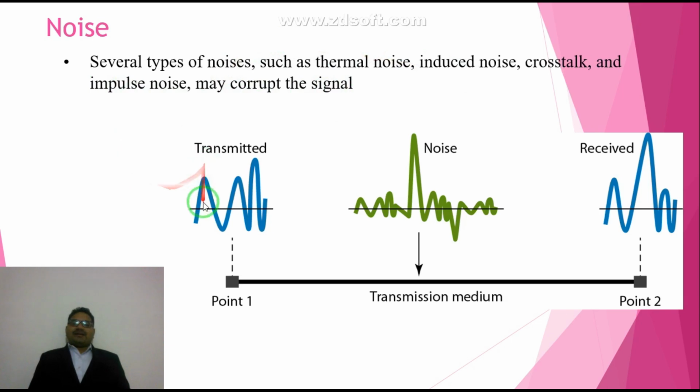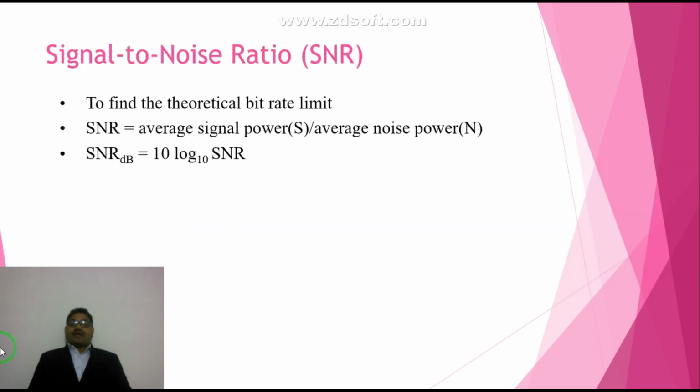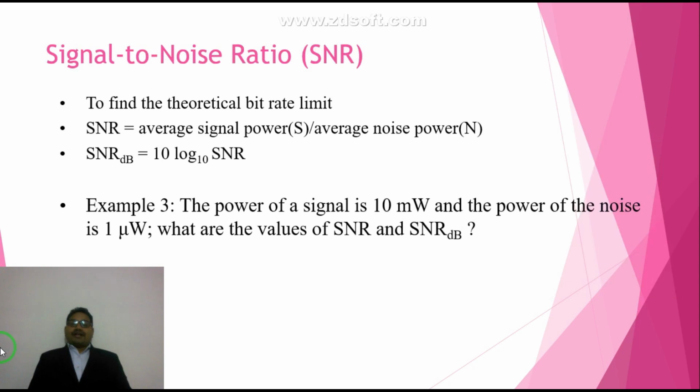You can see this is your transmitted signal, and in the transmission medium, while transmitting it, the noise has been added to it. And this is your received signal. So we have to take care of these impairments. Now, signal to noise ratio.